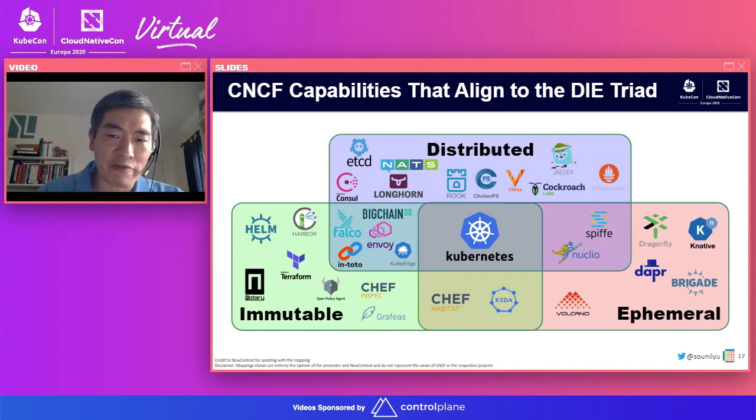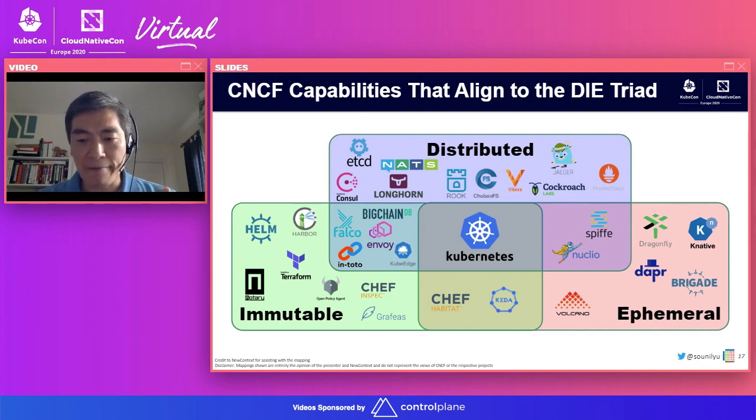By the way, before I get too much criticism, these were things that we thought would align. So if you have any suggestions or adjustments, feel free to let us know. This is more conceptual in terms of how we want to drive towards making things more DIE. So we may have some of these mappings incorrect, but hopefully you get the idea.